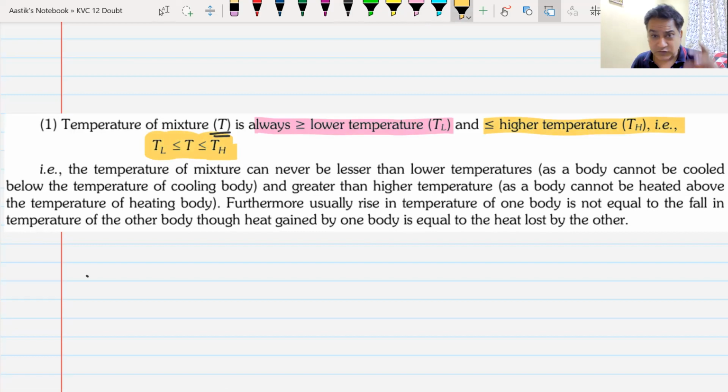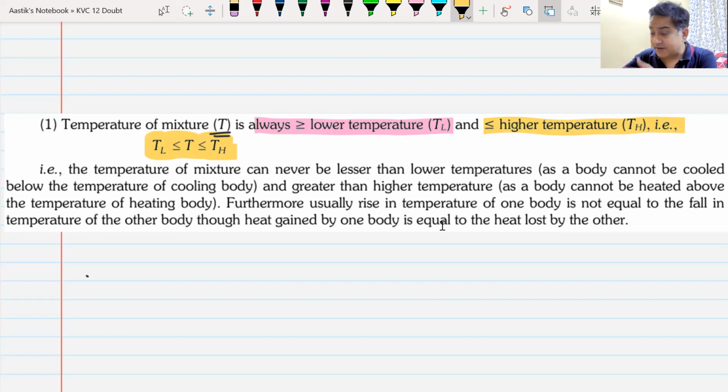This is only about mixing two liquids together or two gases together, probably not mixing one solid inside other. This is one solid, I put another solid inside that solid. It's only meant to be done for two liquid bodies. Do we understand this?